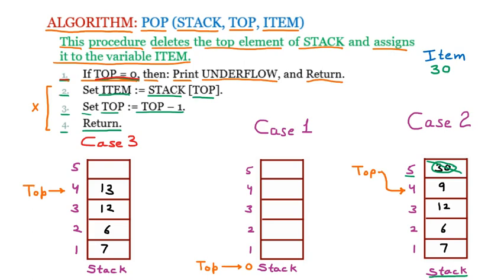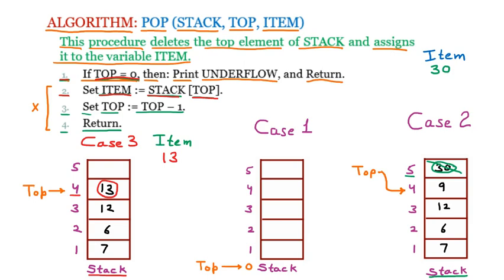Then it will go to the next line, set item is equal to stack top. The stack top is 13, so stack and top 4, that means 13. So 13 is assigned to the item.